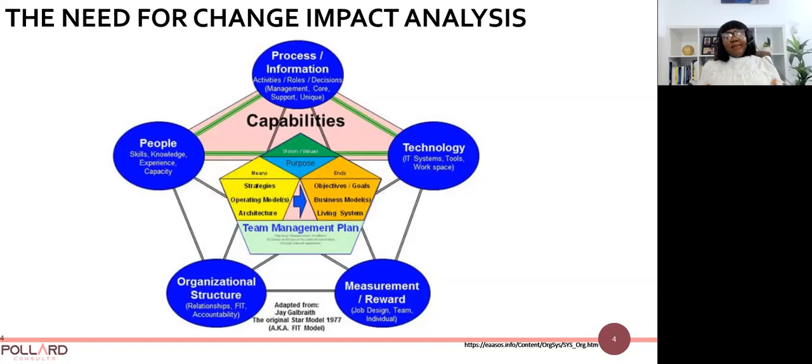Now, if we step back and look at an organization through the lens of this principle, we would understand that the enterprise as a system is interrelated. The different elements of the system are all interrelated, and if you make a change in this area, it would definitely impact some other areas of the organization.